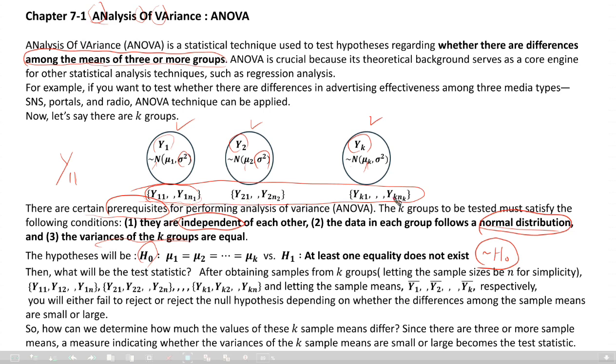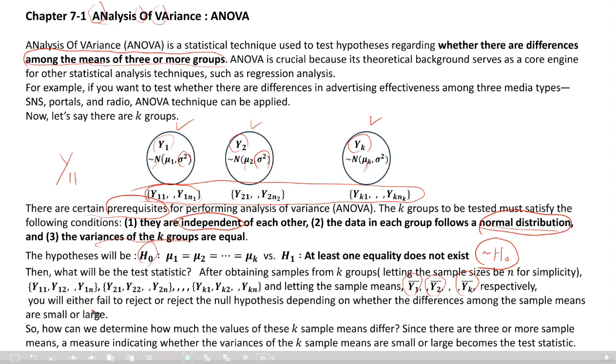In general, you may get different sample sizes, but here, for simple explanation, the sample sizes are equal, n. Y11, Y12, Y1n from population 1, Y21, Y22, Y2n from population 2, YK1, YK2, YKn, and let the sample means be Y1 bar, Y2 bar, YK bar, respectively.